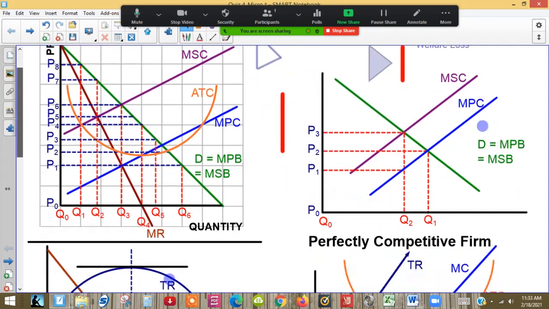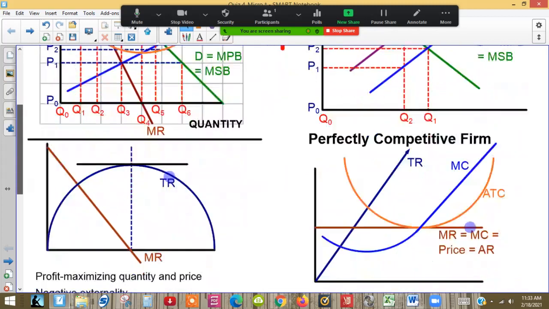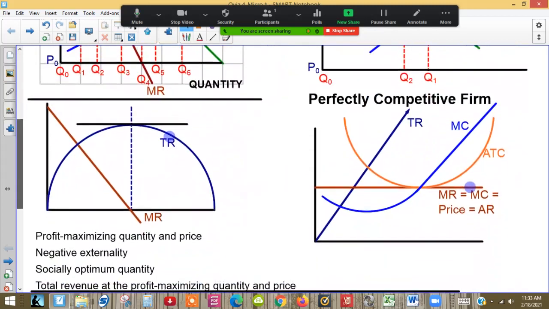And then you've got your firm, a perfectly competitive firm, which has a perfectly elastic or horizontal demand curve, which is the price, which is the marginal revenue, and they're going to produce, as you know, where marginal cost equals marginal revenue or equals price or equals average revenue.